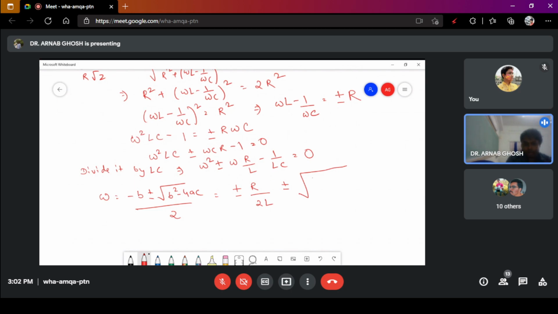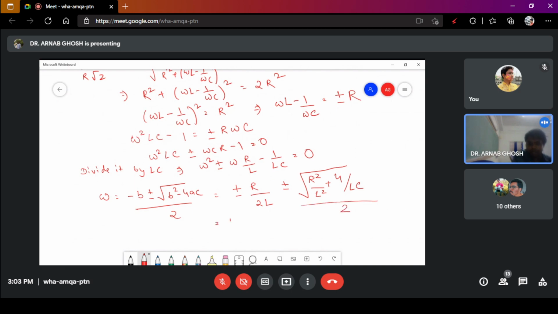So what is it becoming? Plus minus r by 2l plus minus root over r square by l square minus 4 upon LC, that is plus 4 upon LC, okay, whole divided by 2.